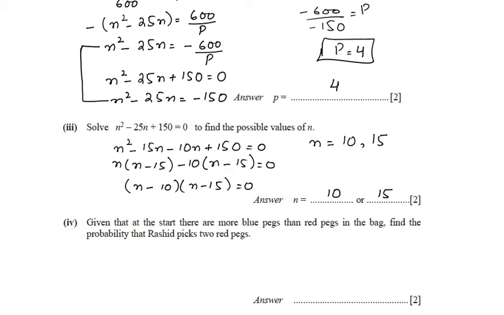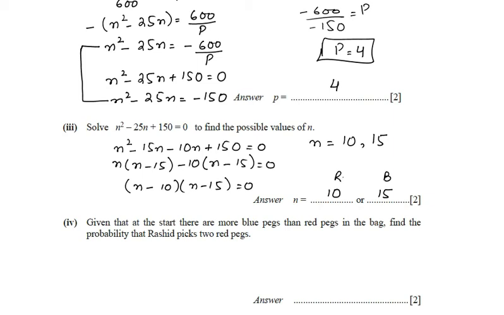It means that the bigger one is the number of blue bags and the smaller one is the number of red bags, because in the start we have more blue bags than red bags. So the number of blue bags is 15, okay, and the number of red bags is 10.